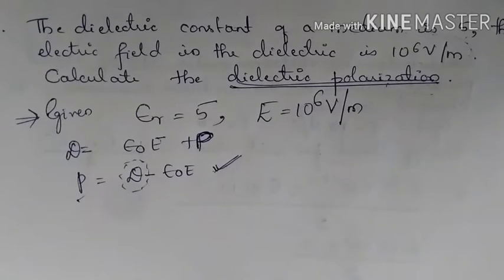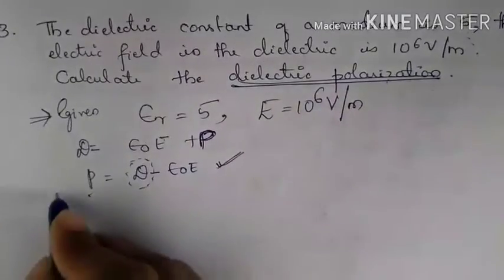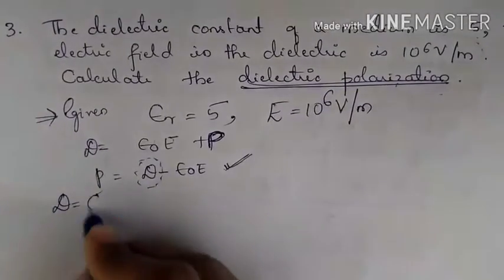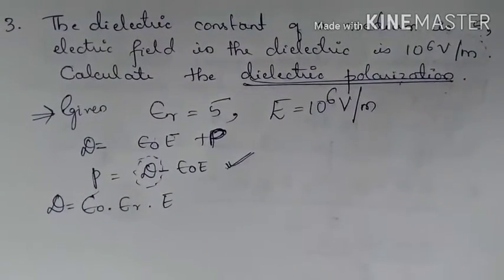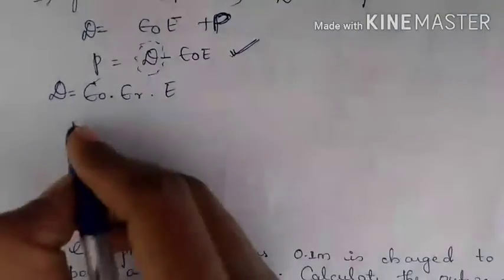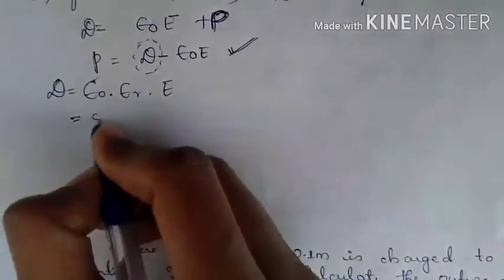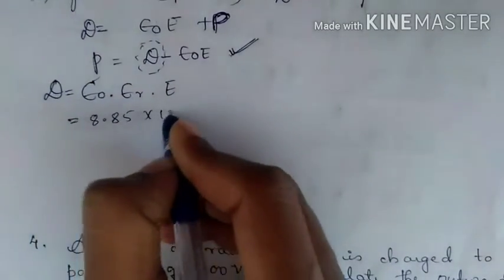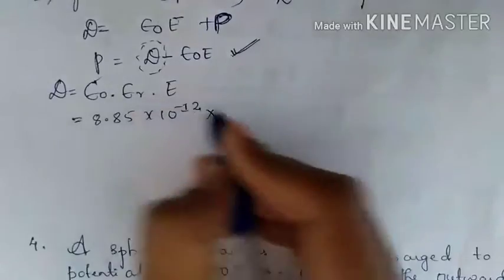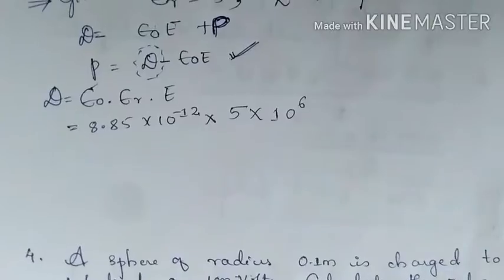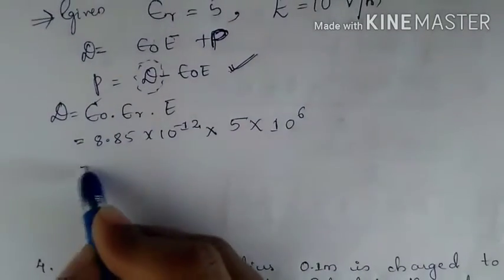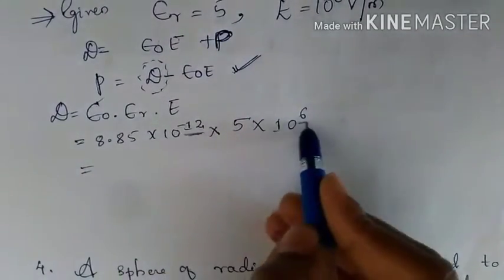D is equals to epsilon naught into epsilon r into E. So now let us calculate D from the expression epsilon naught into epsilon r into E. Substitute the values. Epsilon naught is 8.85 into 10 power minus 12. Epsilon r is 5 and electric field is given to us, that is 10 power 6. So multiply. Here you have 10 power minus 12 and plus 6.